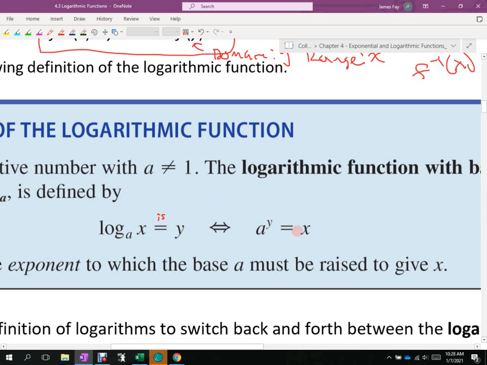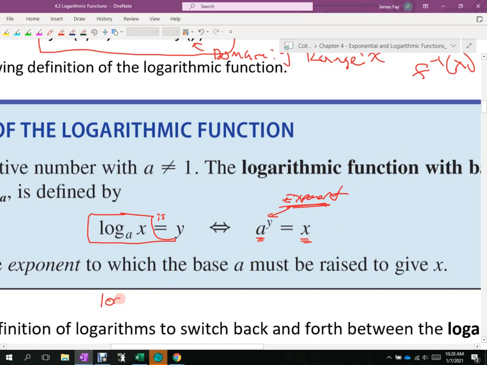We'll come over here to the exponential. What is y right there? It's an exponent, isn't it? So a logarithm is an exponent that you raise a base to in order to get some number x. Let me give you a specific scenario.